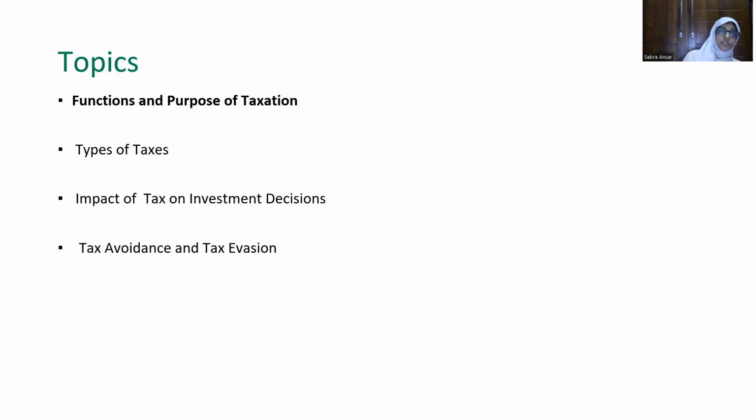The topics that we studied were, as I told you, functions and purpose of taxation and types of taxes. We completed functions and purpose of taxation, and in types of taxation we did certain sections. We are still supposed to do impact of tax on investment decisions and tax avoidance or tax evasion as well.